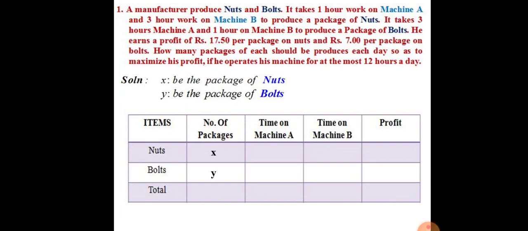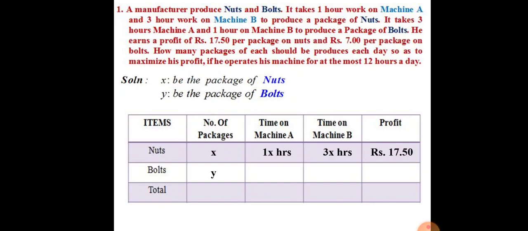First we fill up the row of nuts. 1 hour of work on machine A and 3 hours of work on machine B to produce a package of nuts. So 1 hour on machine A gives 1x, and 3 hours on machine B gives 3x. And the profit on a package of nuts is 17.50 rupees.